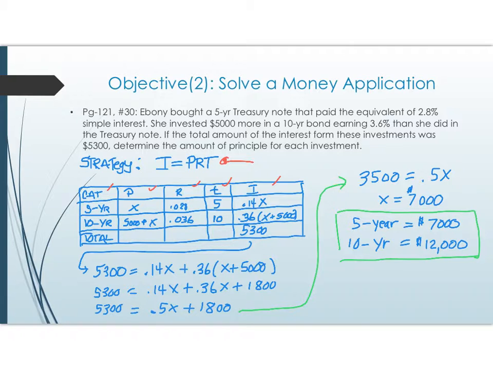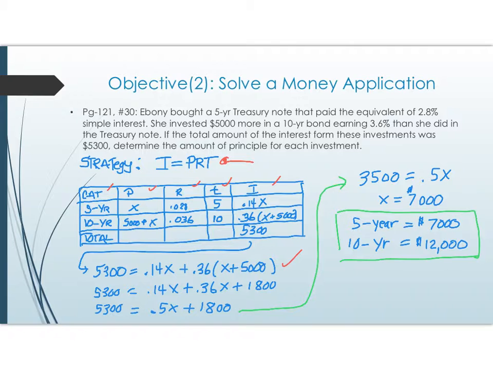So the interest is going to be 5 times 0.028, which is 0.14x, and the interest for the 10-year is just going to be 10 times 0.036 times the amount of the principal, which is 5,000 plus x. And they all have to add up to $5,300.